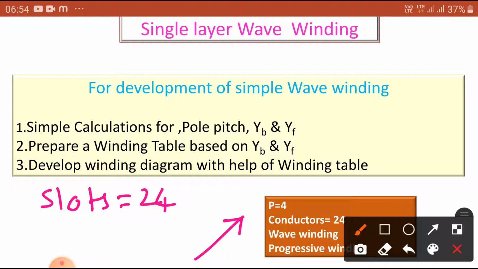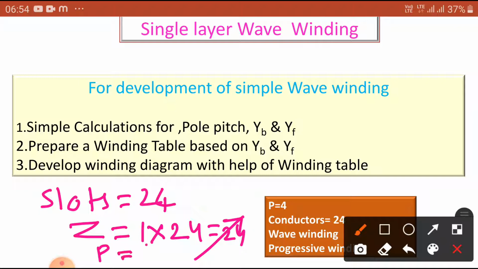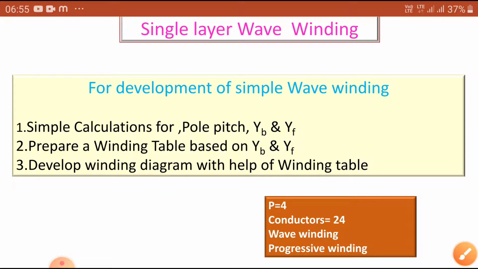That means the total number of conductors is 24, one conductor side per slot. The number of poles P is equal to 4, a 4 pole machine, and we are going to develop the wave winding as a progressive winding. So these are the constraints given, dear students. We will draw this winding diagram.